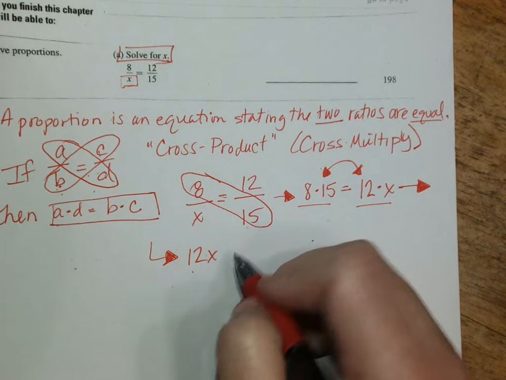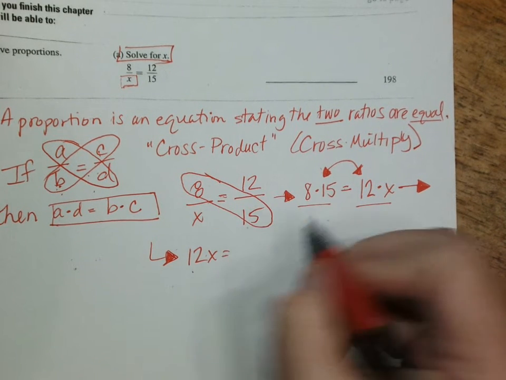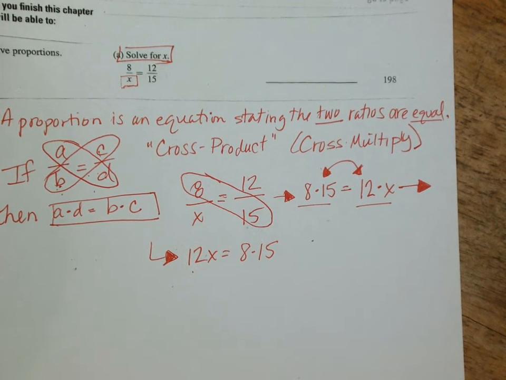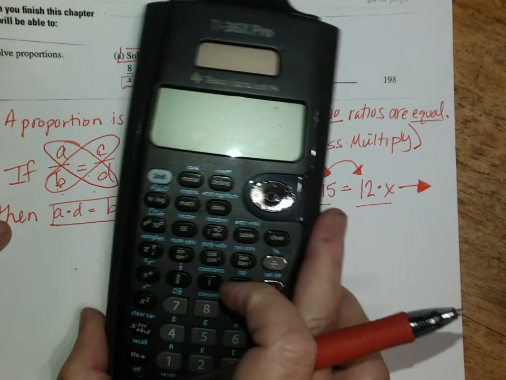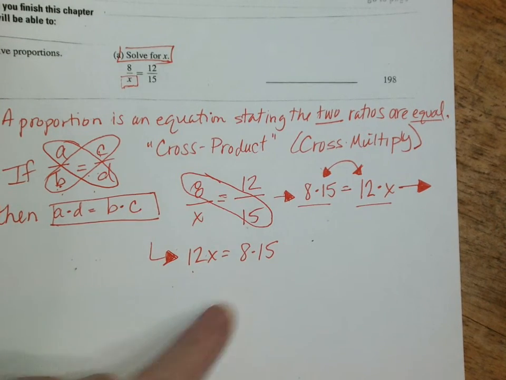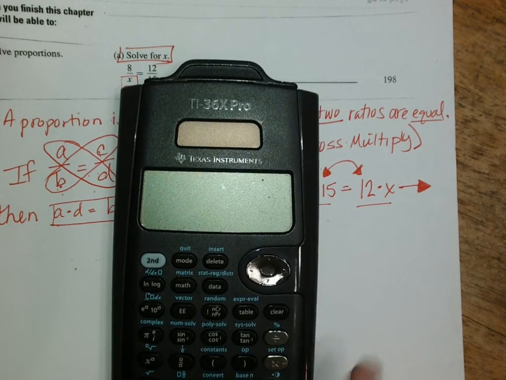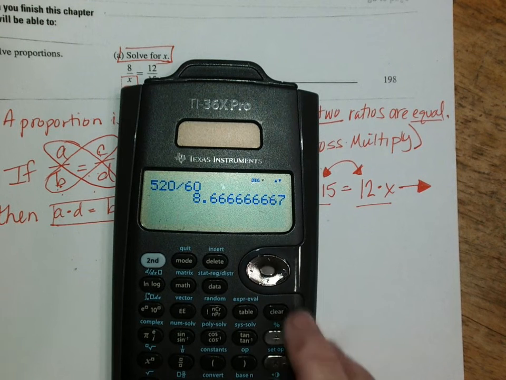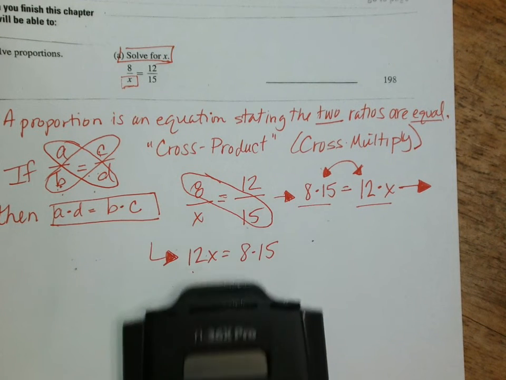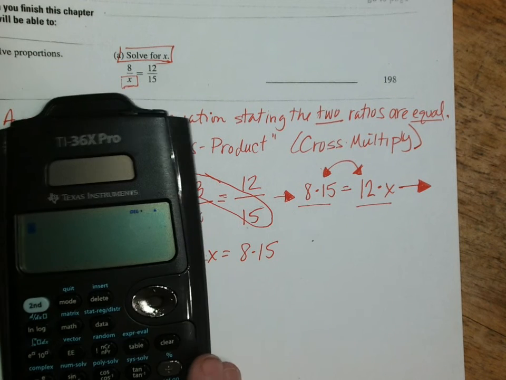Now I don't require, once again here, that you show me multiplication how you have been in the past chapters. What I do ask is that you get on your calculator, show me what you're doing so I know your thought process, but get on your calculator, go ahead and clear your last problem out, and we're just going to multiply 8 times 15. So I'm going to say 8 times 15 equals 120.